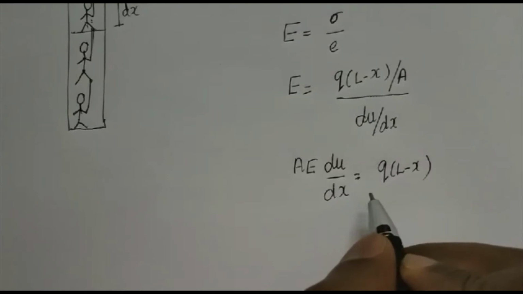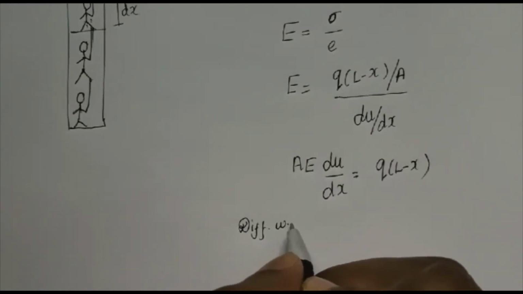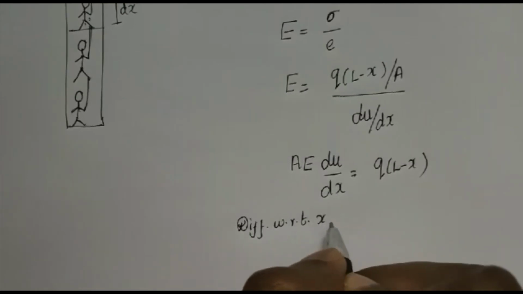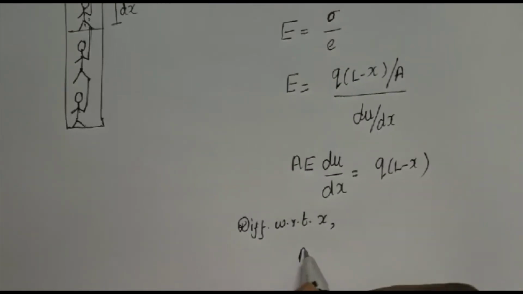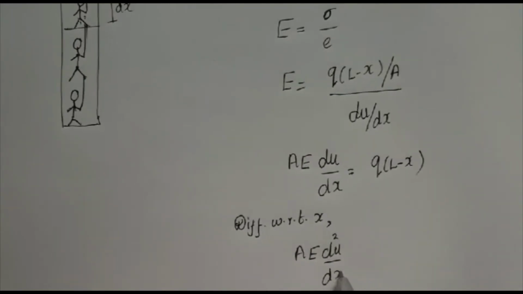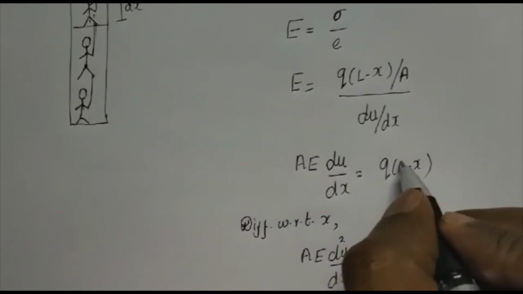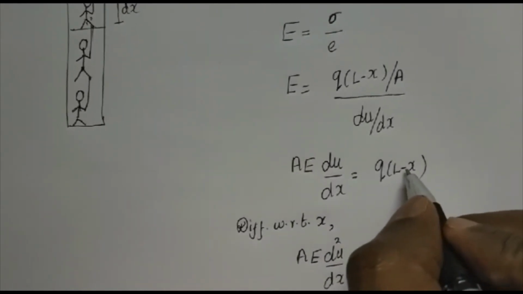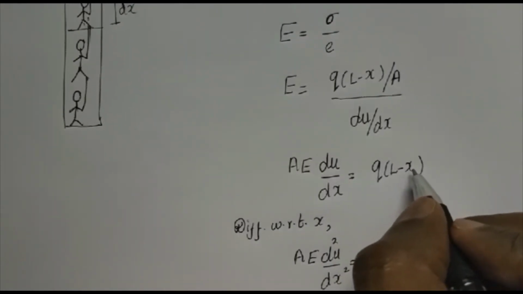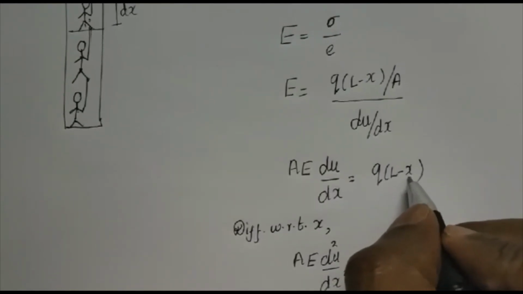So I'm going to differentiate this equation with respect to x once. So what is it that you're going to get? AE into d squared u by dx squared. On the right hand side, if you differentiate L, it becomes 0. If you differentiate x with respect to x, you get 1. So already there is a negative here, so it is minus 1 into q.